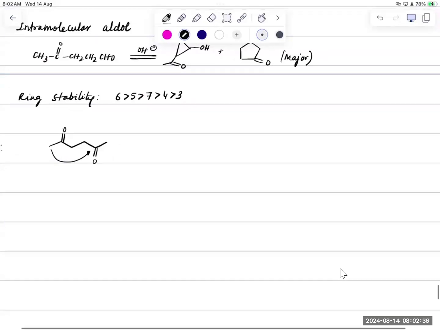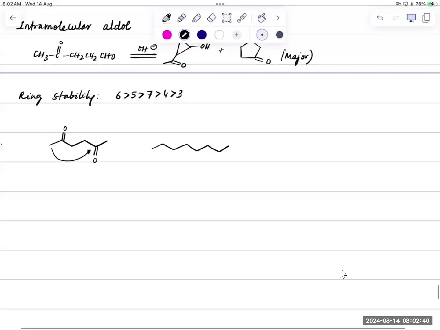Next again, 1, 2, 3, 4, 5, 6, 7, 8. Right. So here we have a double bond O and here I have a double bond. Okay. So then the attack would happen from this end to this end, 1, 2, 3, 4, 5, 6, 7. Okay. And we have 1, 2, 3, 4, 5. So which one is more preferable? 5 is more preferable like this. Got it?